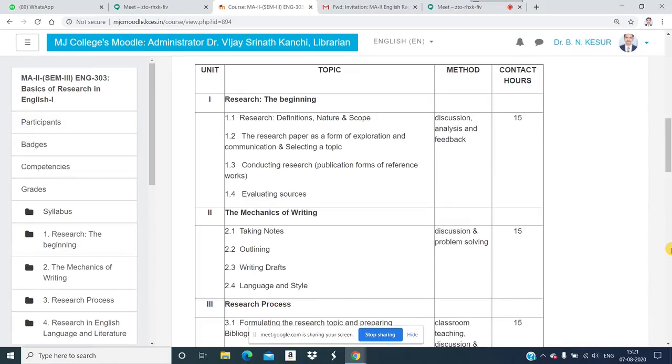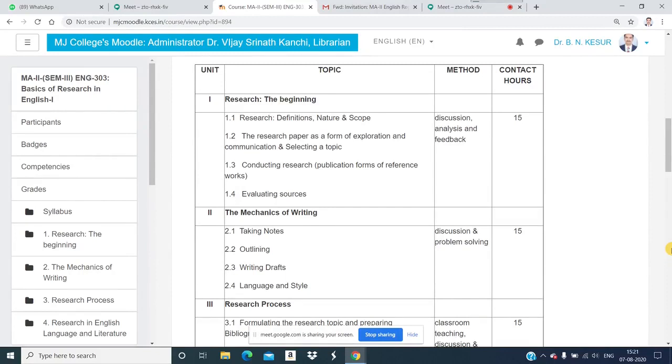We will try to understand what research is, with the help of definitions, the nature of research and the scope of research. Then we will see the research paper as a form of exploration and communication, and selecting a topic, that is, how the researcher is expected to form a statement or select an area and then select a topic.